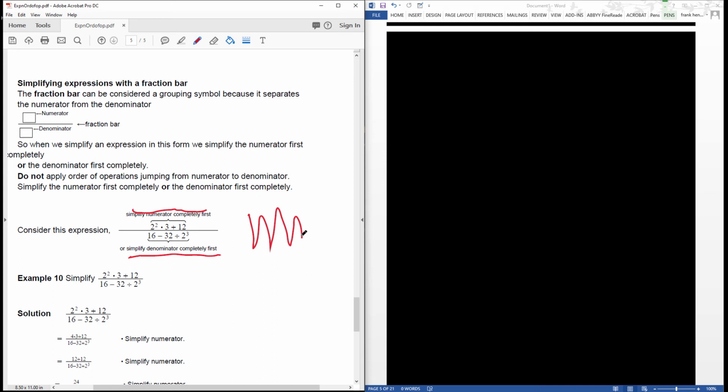So in this example here, 10, two squared times 3 plus 12 divided by 16 minus 32 divided by 2 to the third.